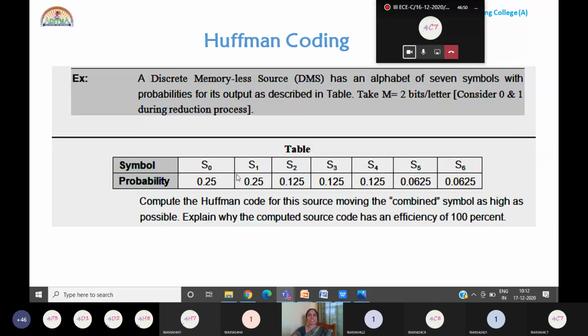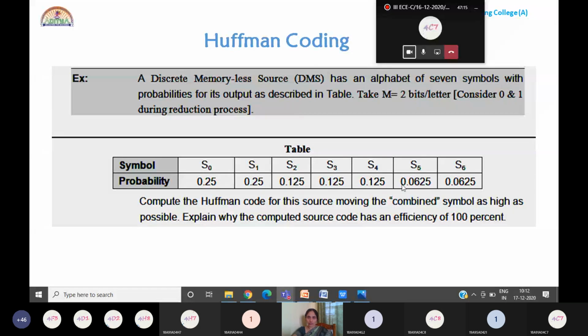You should definitely check this first. You should check the probability of the corresponding symbols or messages given in the question. See whether it is in the decreasing order or not. Here two points you need to consider. One is take the sum of all the values and check whether it is equal to 1 or not. If you add 0.0625 and 0.0625, you will get 0.125.